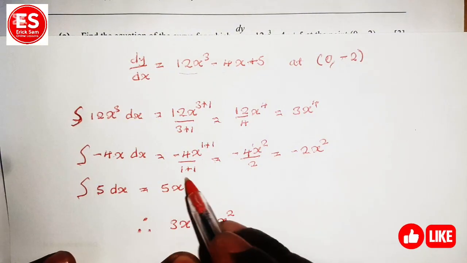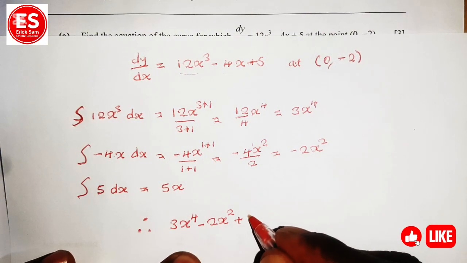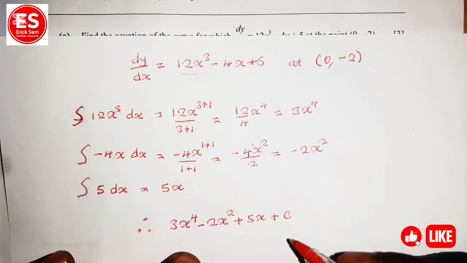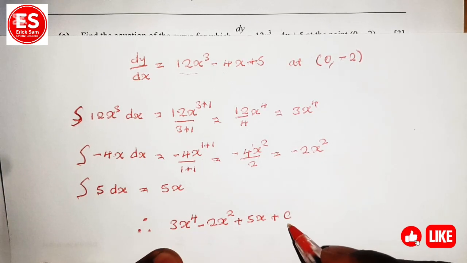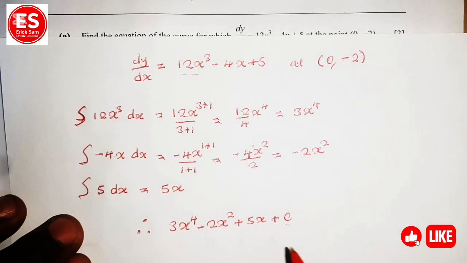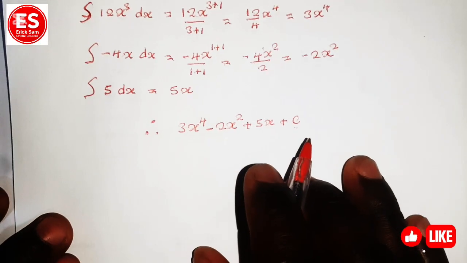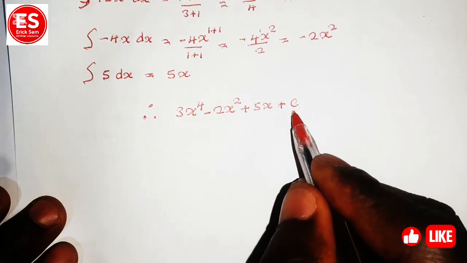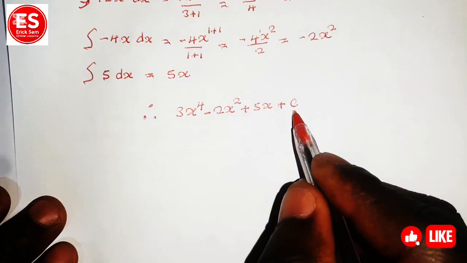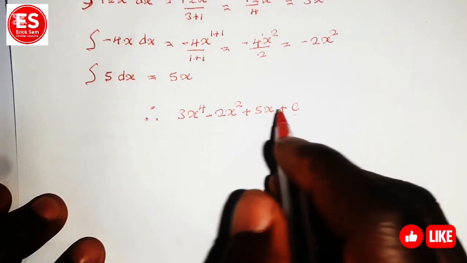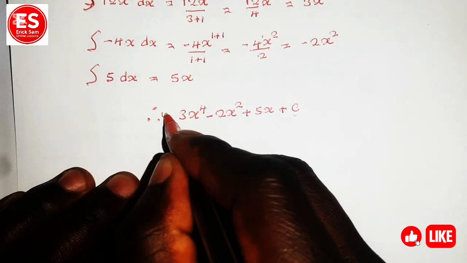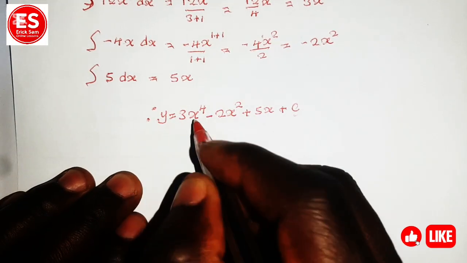The last part plus 5x, then plus c. This one is a constant value. Now we want to find the value of c. Remember, this equation is equivalent to y. So y is equal to this.